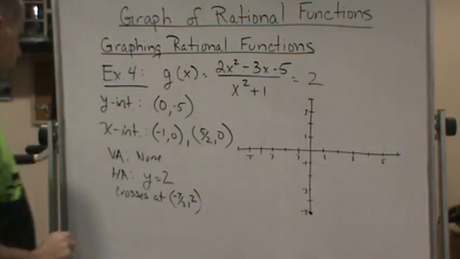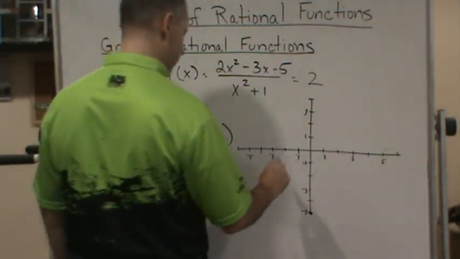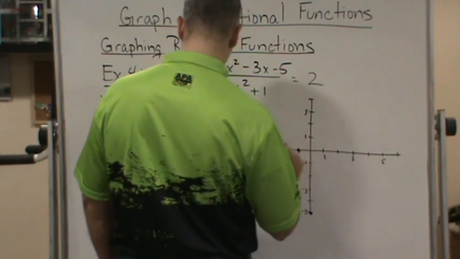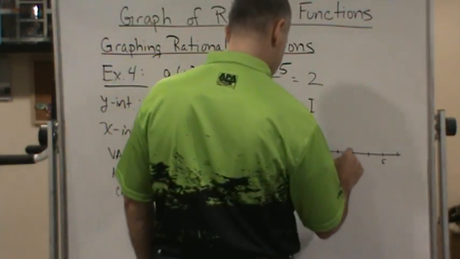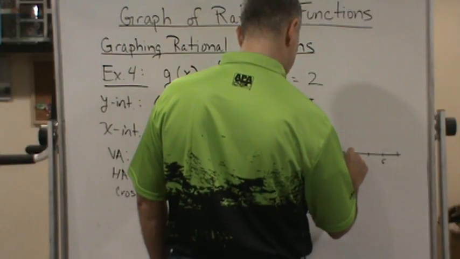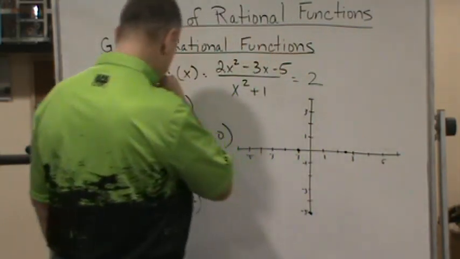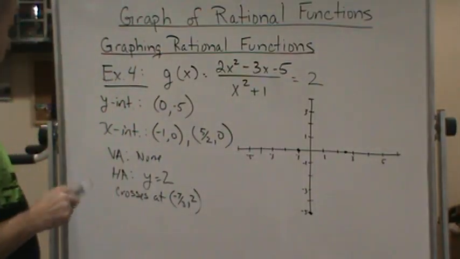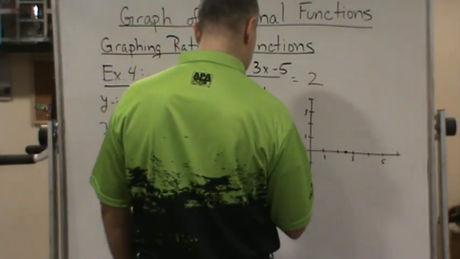Okay. What else? We got a negative 1, 0. And we got 5 halves, 0, which is right here at 2.5. Okay. And we got no vertical asymptotes, but we got a horizontal asymptote at y equals 2.